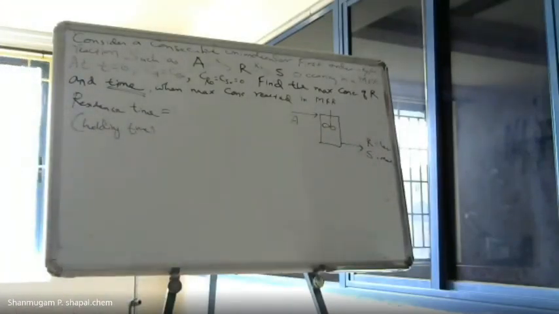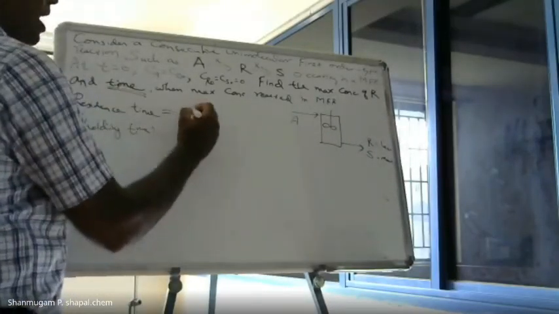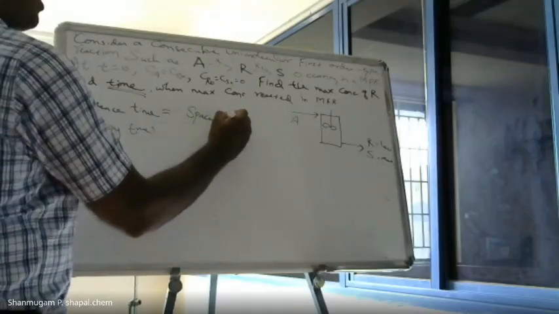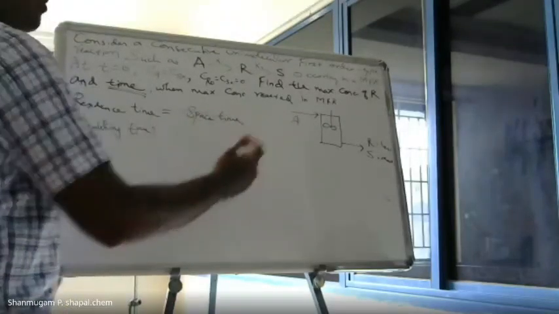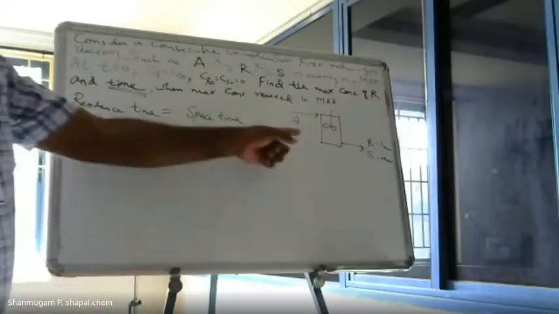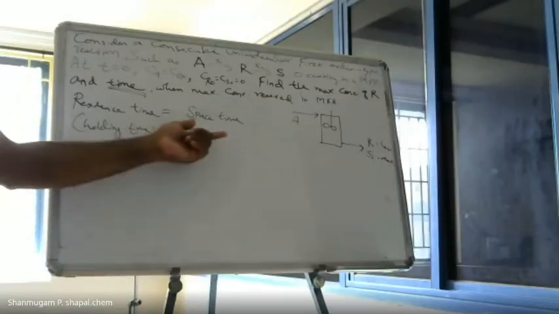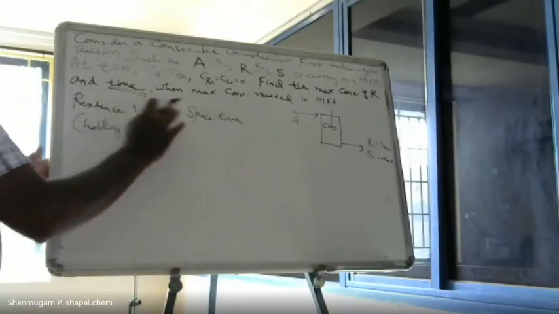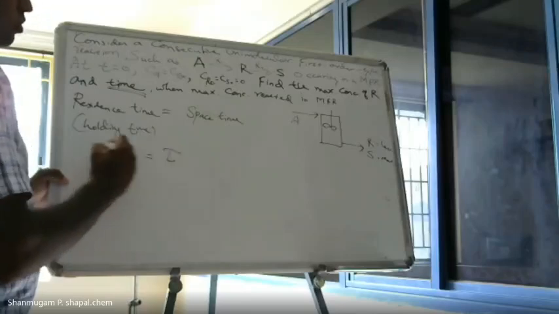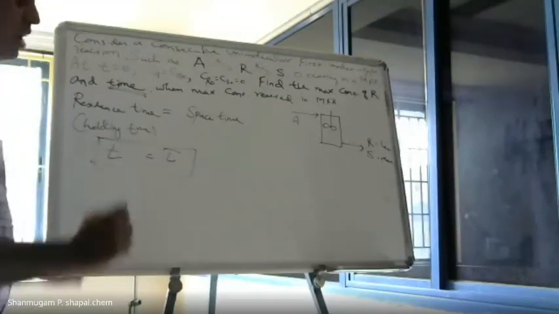Then the space time is the time required to process one reactor volume of feed at a specific condition in the reactor. These two are supposed to be same. That means t equal to tau. So this is what you need to remember now.